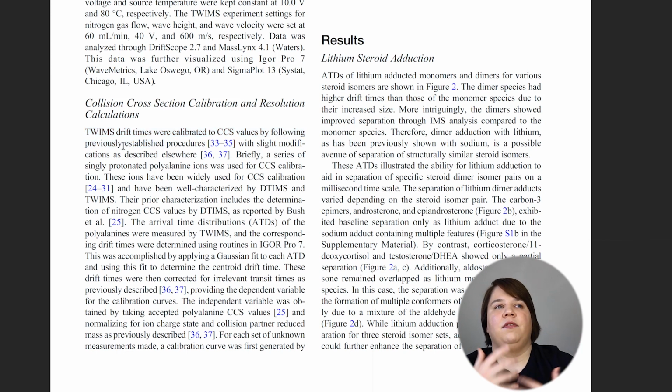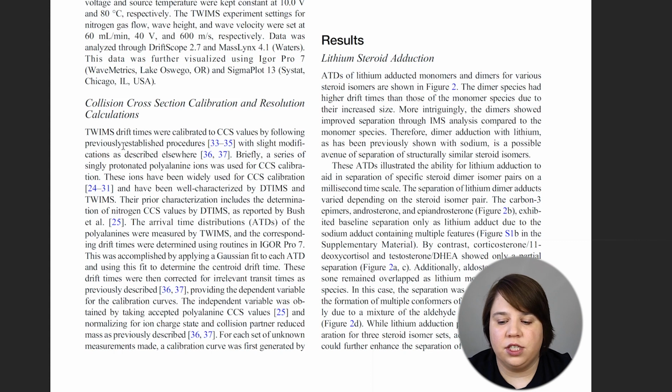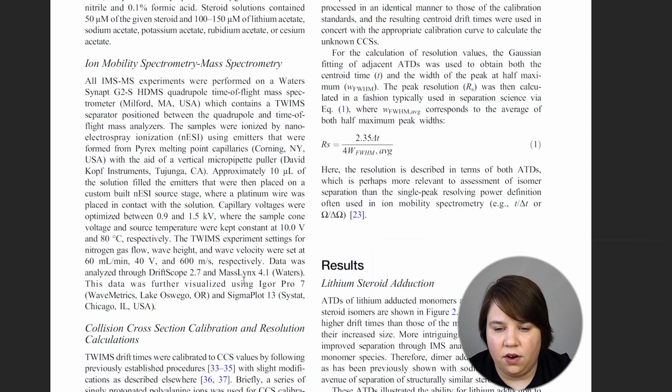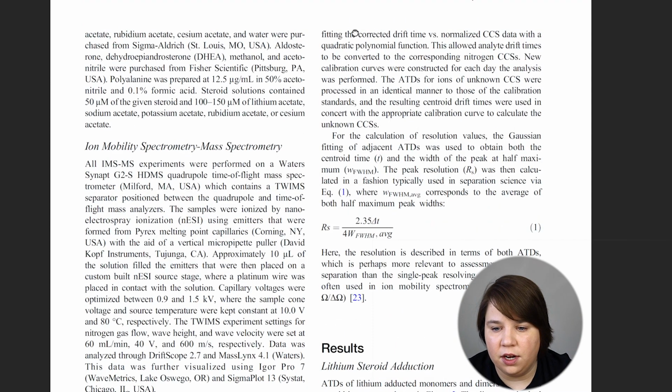Something like that gives you a little bit more reason about why we did CCS values instead of just saying that we're doing CCS values. This is pretty good in just telling you what we were doing. Obviously, most of y'all aren't going to be doing this, so I'm not going to go into it in depth.